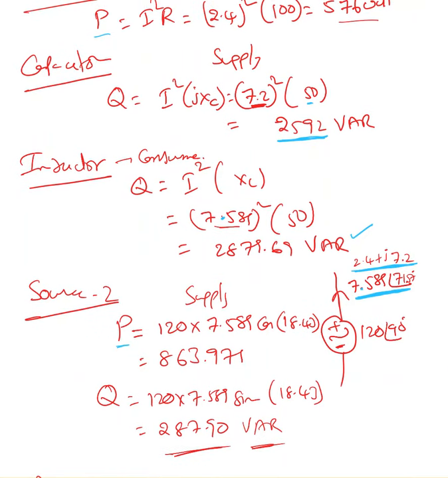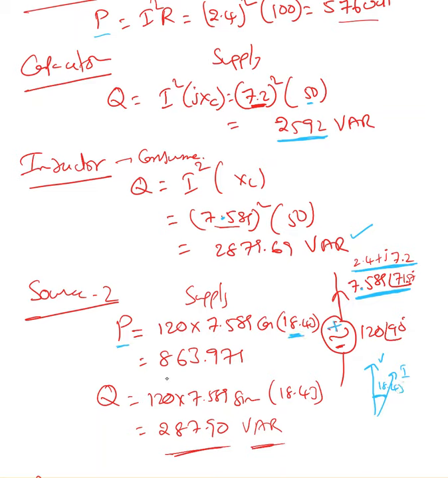Source 2 is supplying because the positive current is leaving the positive terminal. So 120 times 7.589. What is the angle between these two? One is 90 degrees, one is 71 degrees. If you look at it, that's the voltage, that's the current. What's the angle between these two? That is 18.43. That's how I got that 18.43.